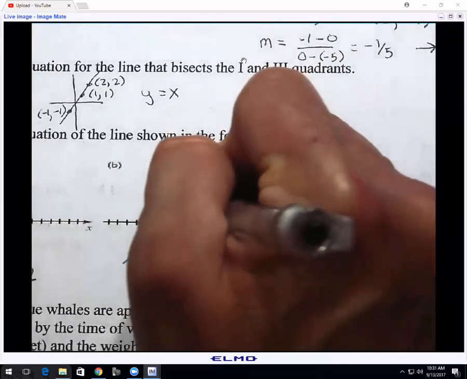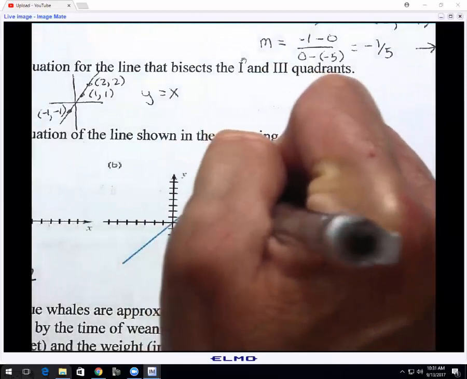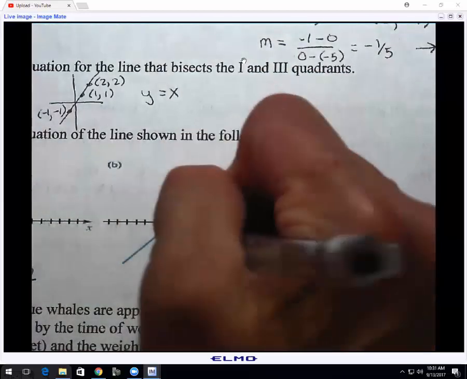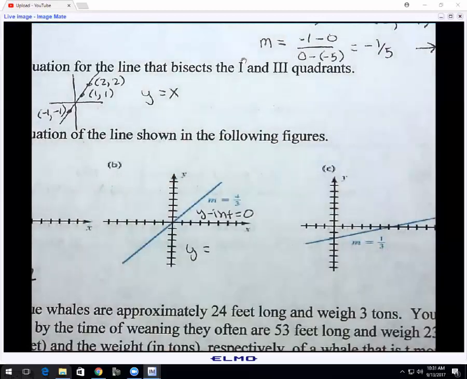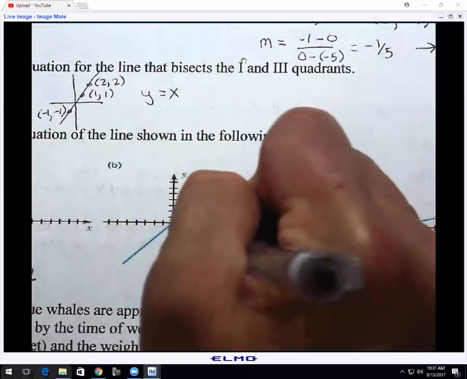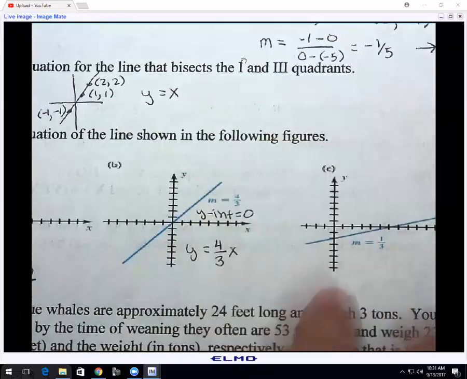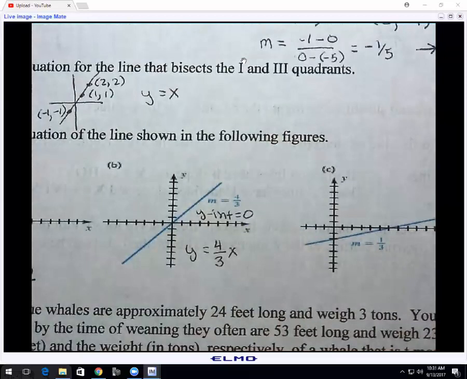The y-intercept is 0. So what's the equation of that line? Y equals m, there's the m, times x plus 0. There's no point in writing plus 0 on the end. That's just y equals 4/3 x.